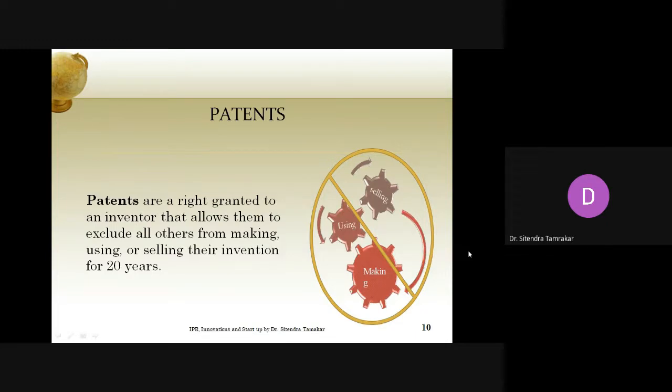It could be an idea, an expression of the idea, a device, a process, a program, or anything else. So if your patent is granted or under process of being granted, you are restricting others from selling, using, or making under the same idea. These are patents, and this is the most popular category of intellectual property, right?